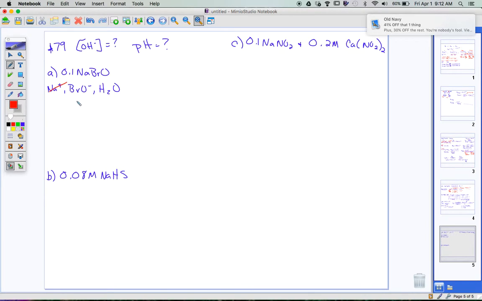So the BrO minus is the only thing that can, and it happens to be the conjugate base of HBrO, the hypobromous acid. If I go look in Appendix D, the Ka for that is 2.5 times 10 to the minus 9th.